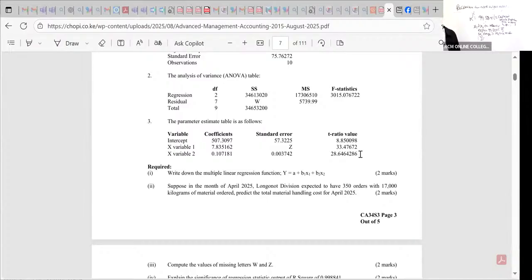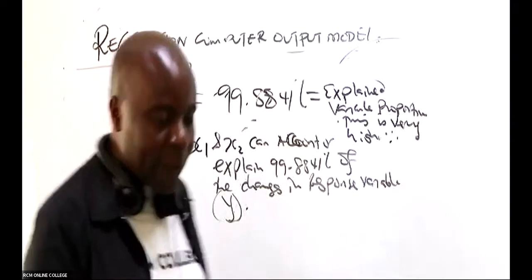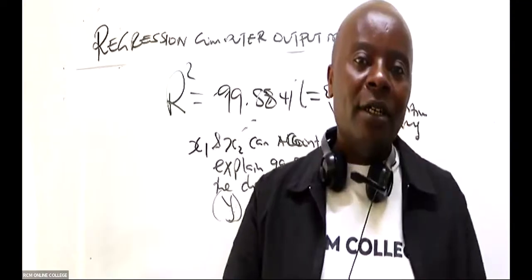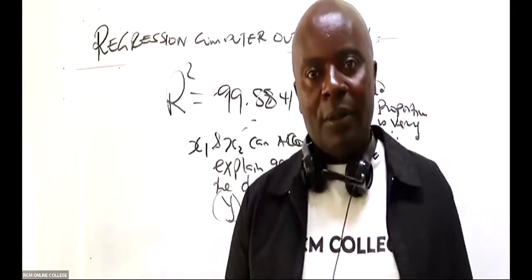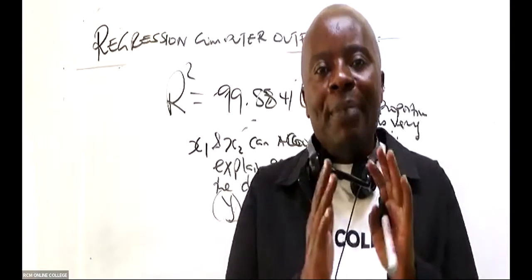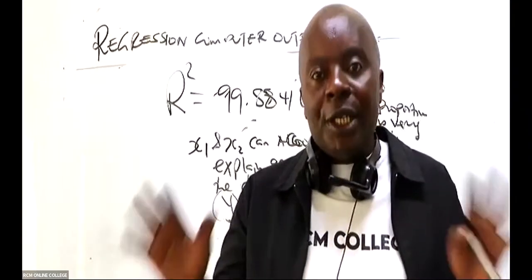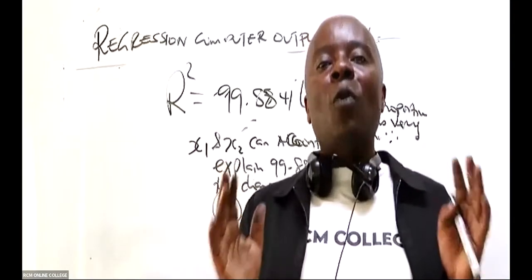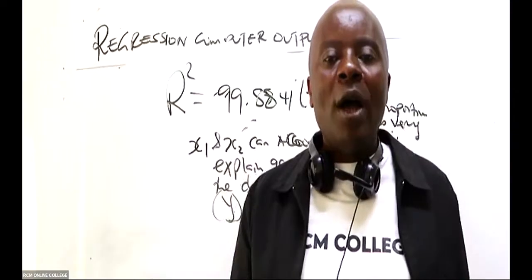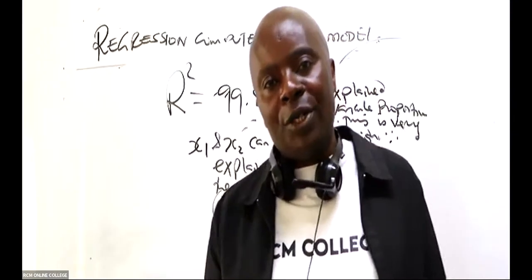So you simply tell us that X1 is more significant than X2, simply because it has a higher T ratio. They never wanted you to do any significance test. On the basis of the T ratio values between the two, the more significant one is the one that has a higher T ratio.